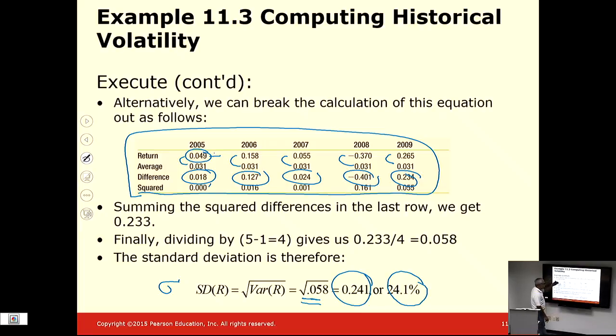So that way you have a template and you just have to fill in the template. Return, average, difference, square. Once I have all of the squares, I add this last row up. Then I divide it by the number of observations. In this case, I have 5 observations. I divide that by 5 minus 1. That gives me variance. When I take the square root of that variance, I get standard deviation.